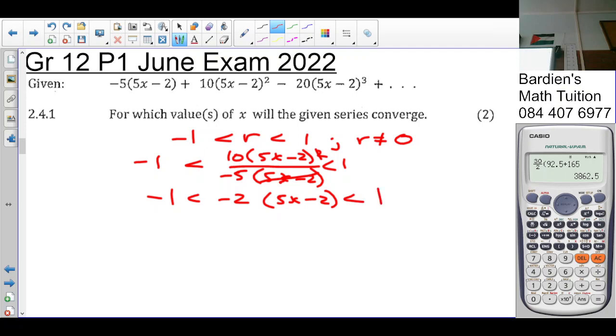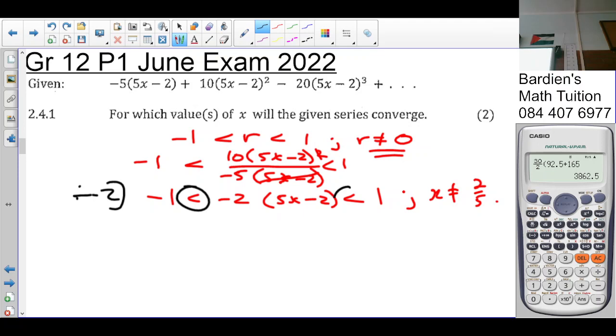Okay, so that is my r value. In other words, x can never be equal to 2 over 5. Remember, r can never be 0, and your r value is negative 2 into 5x minus 2. If that's never equal to 0, then x can never be equal to 2 over 5. So what I do here is I divide throughout by negative 2.